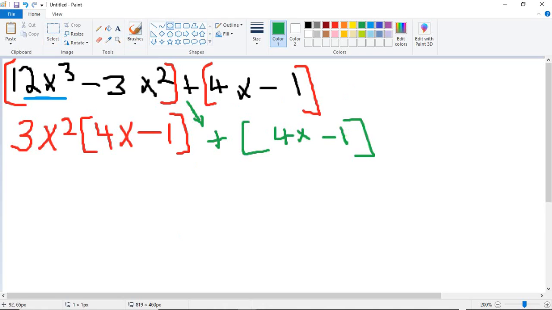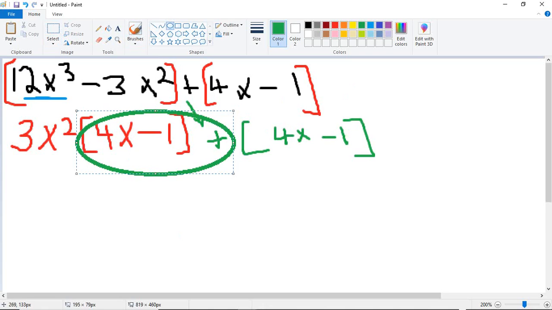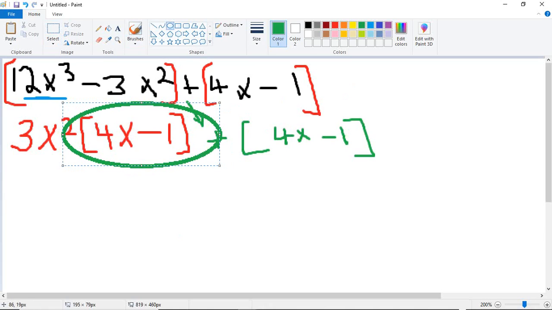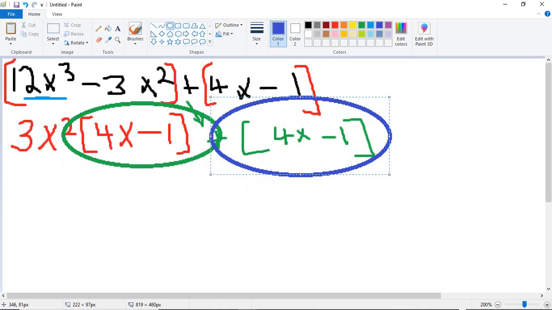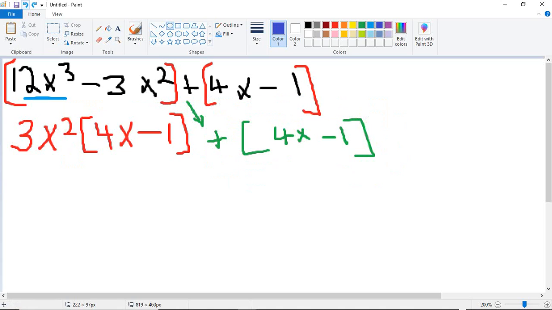If you can see that this bracket and this bracket are the same, 4x minus 1, you apply that special law that I just taught you, and you are going to be left with, let me use black, back to the brush, 3x squared.